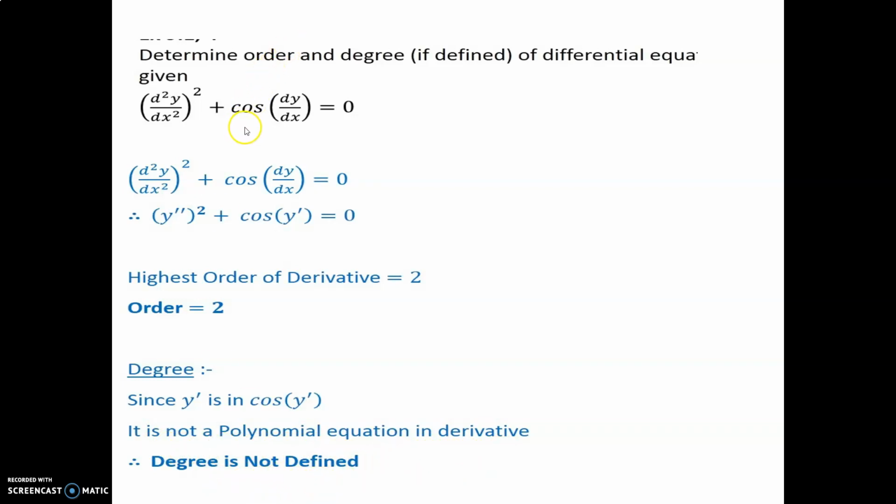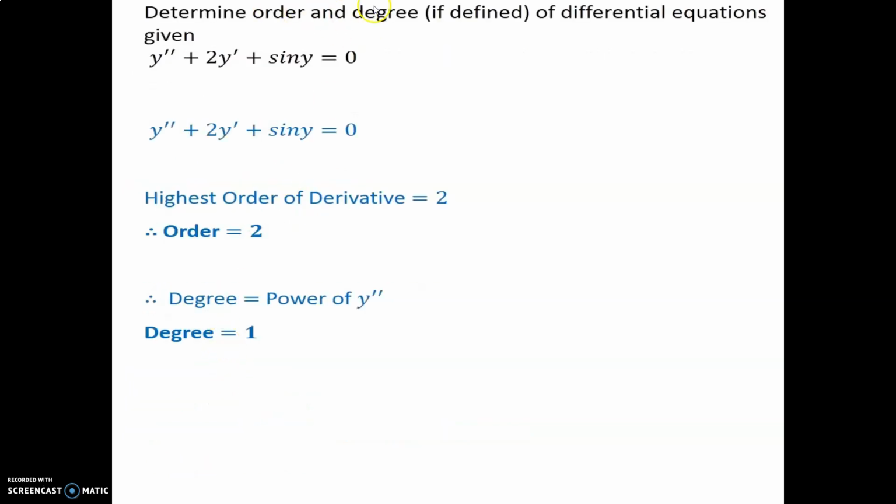If a trigonometric function is applied to dy/dx, the degree of such a differential equation is not possible. Determine the order and degree, if defined, of the differential equation y'' + 2y' + sin y = 0. Here y'' means the second order derivative, y' means dy/dx, and sin y is a function. The highest order derivative is obviously 2, so the order is 2.